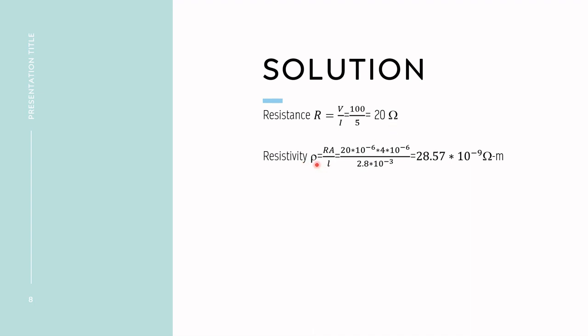Rho equals R A divided by L. R is 20, so 20 into 10 to the power minus 6. A is the cross sectional area and this value is 4 into 10 to the power minus 6, and L is the length of the IC chip, so this is 2.8 into 10 to the power minus 3, and this value we get is 28.57 into 10 to the power minus 9 ohm meter.